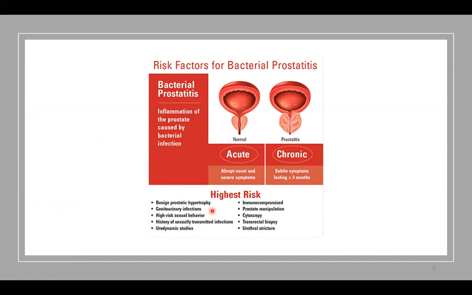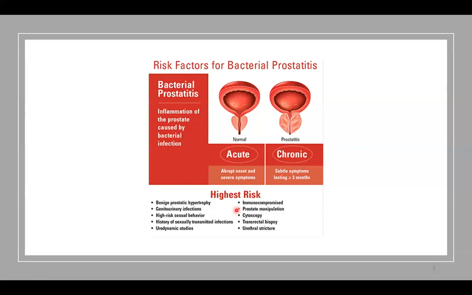So you can have invasion of the prostate, genitourinary infections, high-risk sexual behaviors, history of sexually transmitted infections, urodynamic studies. The patient came to the clinic and you had to do some contrast investigations, but maybe your contrast medium was contaminated and then the patient ended up with prostatitis.